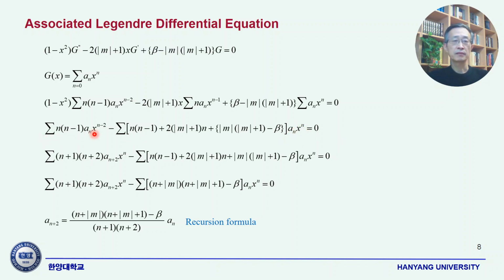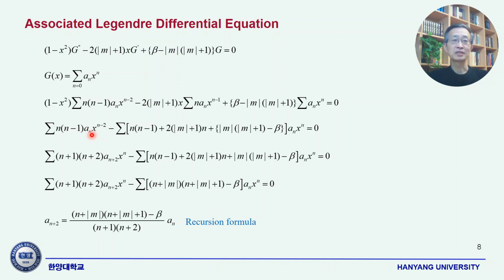Notice that when n equals 0, this is 0. When n equals 1, this is 0. So it can begin with n equals 2. And now you substitute n with n plus 2. Then your index goes from 0 instead of 2.